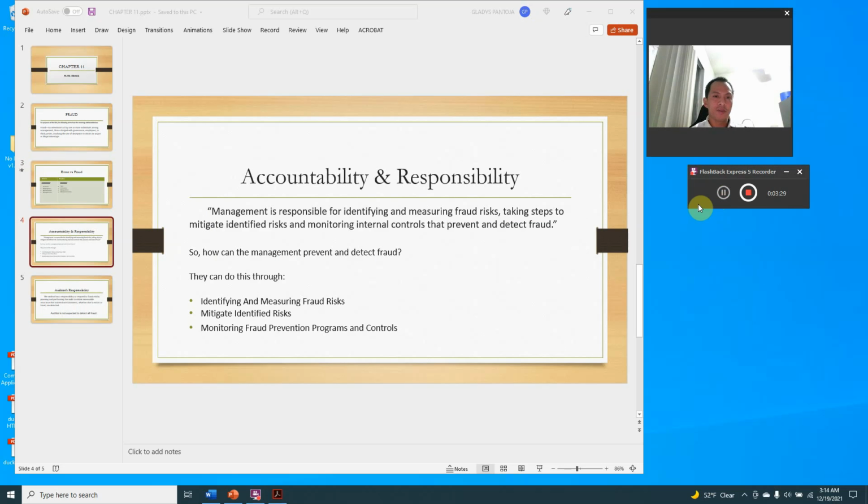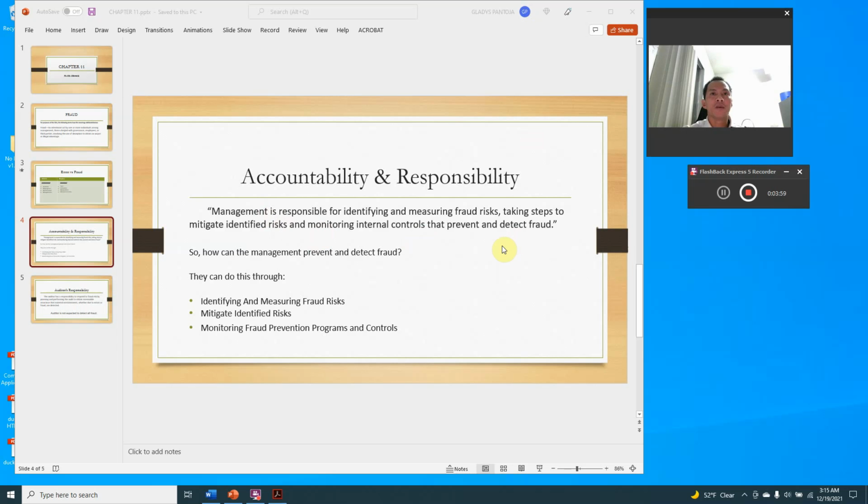So before we discuss the auditor's responsibility, let us discuss who is responsible and accountable if there's a fraud in an entity. So here, management is responsible for identifying and measuring fraud risk, taking steps to mitigate identified risk, and monitoring internal controls that prevent and detect fraud.